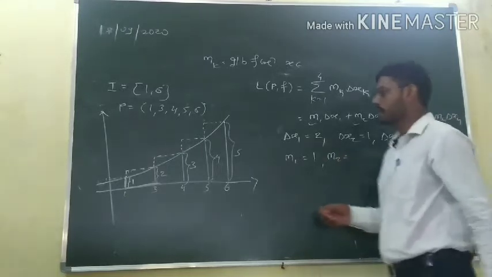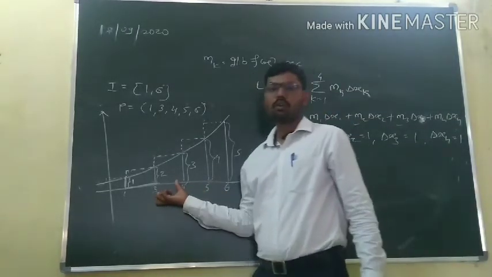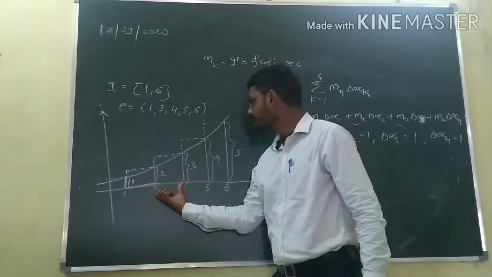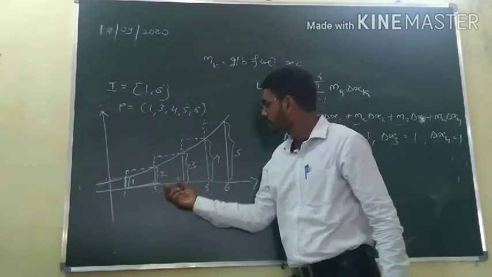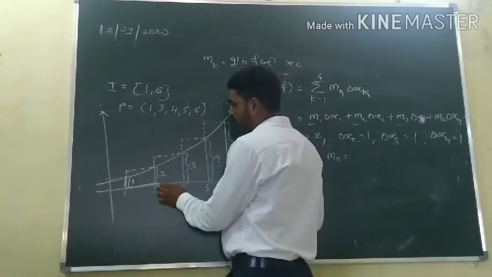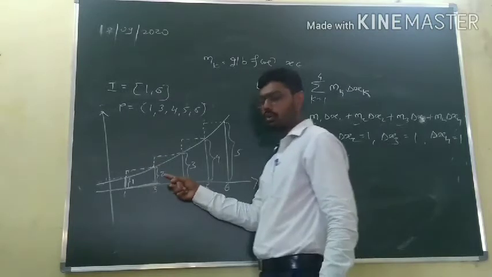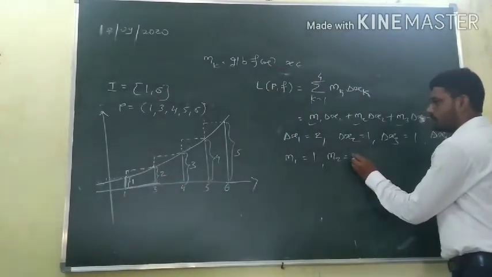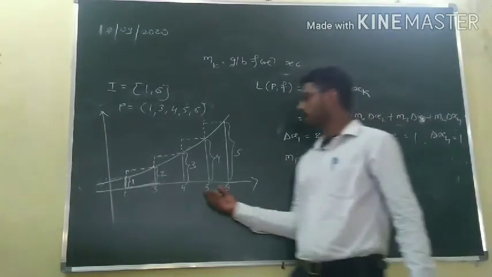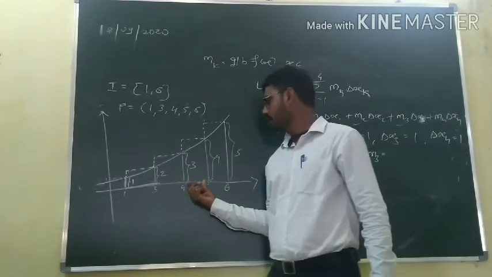What is m2? M2 is nothing but the greatest lower bound or minimum value of the function in the second subinterval or second segment. Okay, so the second segment is 3 to 4, and the minimum value occurs at point 3, which is given as 2. So m2 is equal to 2. Then m3 is nothing but the minimum value of the function in the third segment.